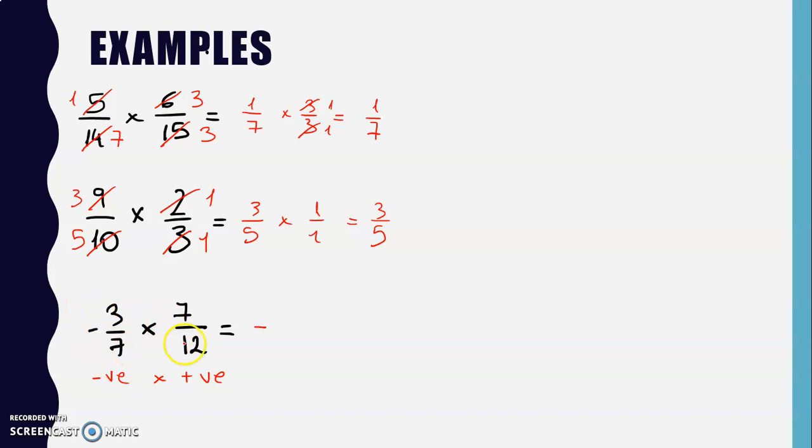Let's group a numerator and a denominator. 7 and 7 are both divisible by 7, so that's a 1 and 1. And then 3 and 12 divisible by 3, so 1 and 4. So the answer is minus 1 times 1 is 1 over 1 times 4 is 4. And there you go.